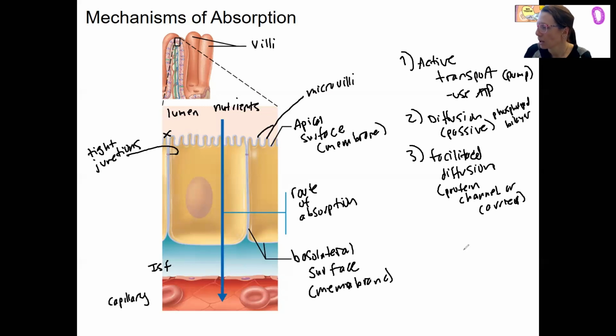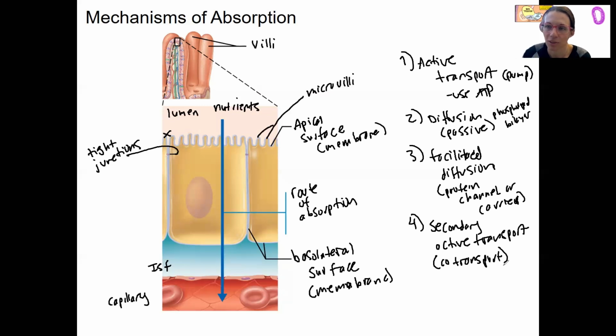Carrier. Secondary active transport. This is a type of co-transport. We're definitely going to review this. Does not directly use ATP, relies on gradients that were set up by ATP pumps. And endocytosis. We won't actually use this one in the mechanisms we go through, but it is a possibility. Endocytosis and then exocytosis.